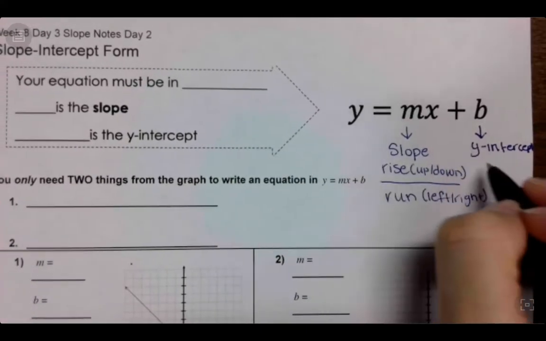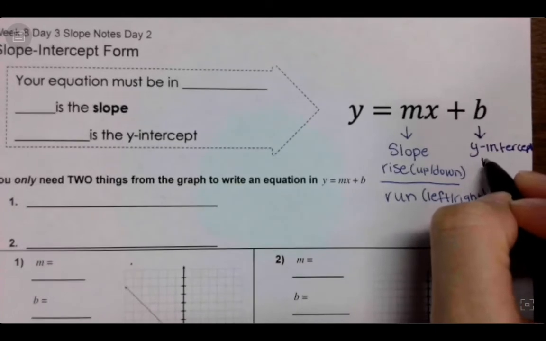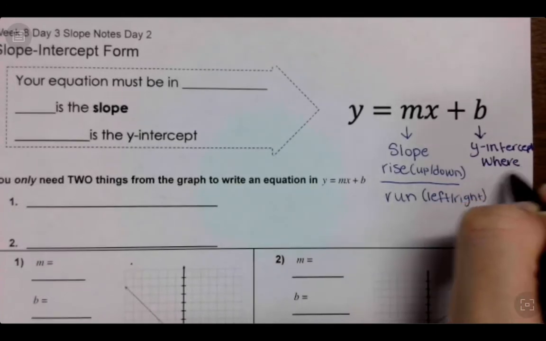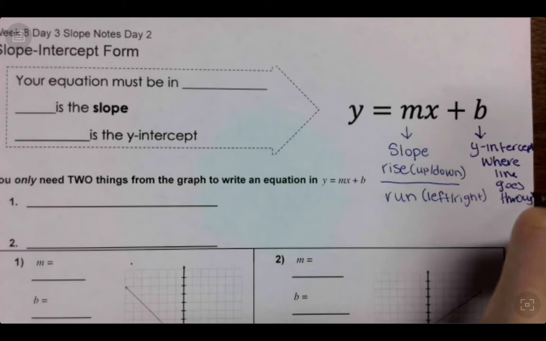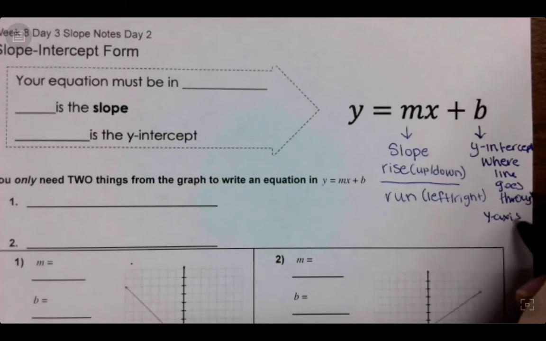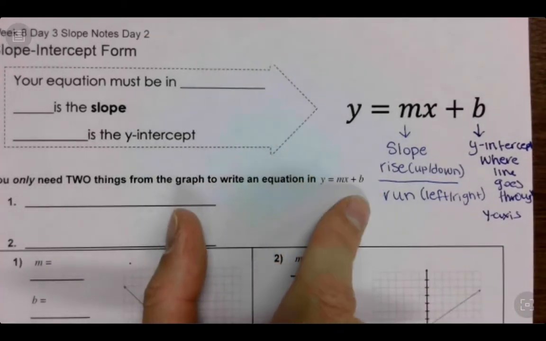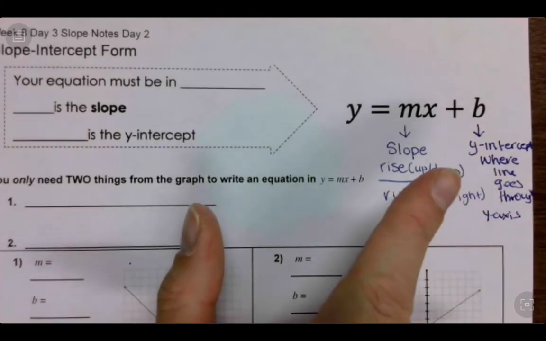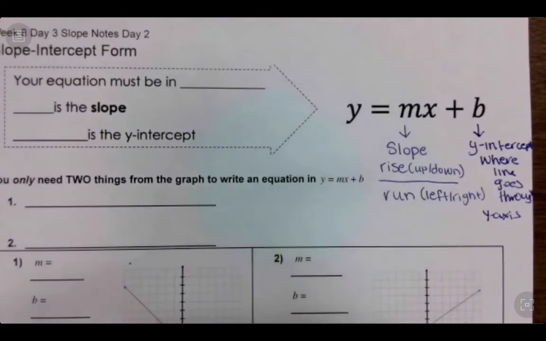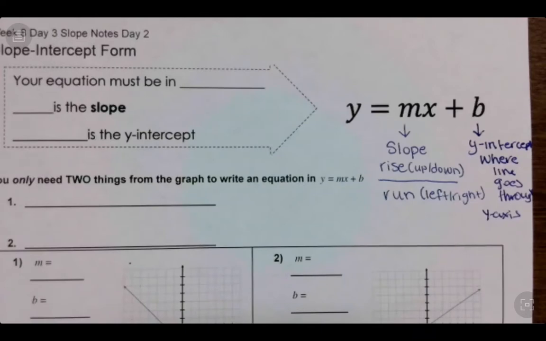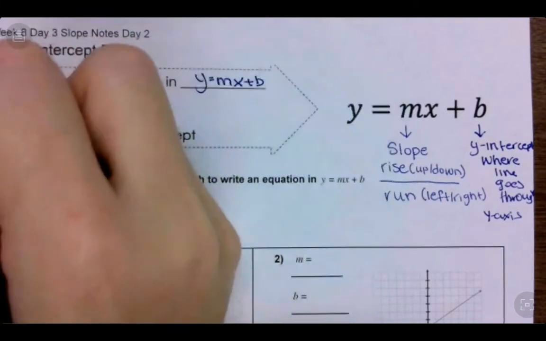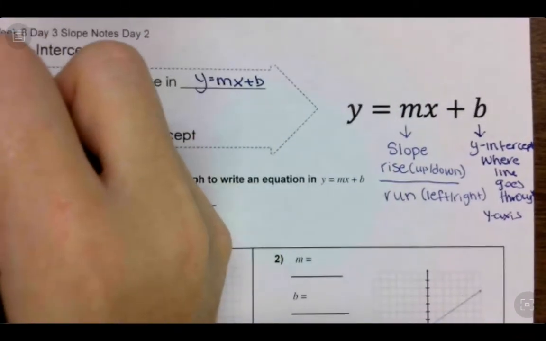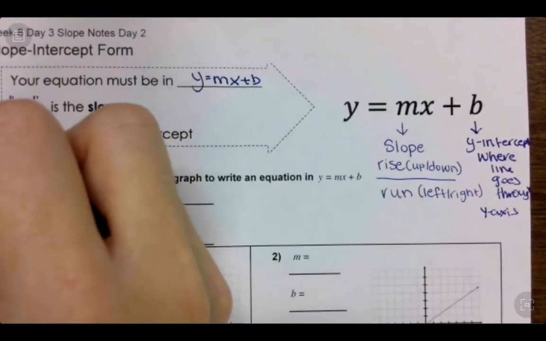Okay, so that literally just means where the line goes through the y-axis. So slope is rise over run, up and down over left to right. B is your y-intercept. It's literally where the line goes through the y-axis. Okay? Your equation must be in y equals mx plus b, where m is the slope and b is the y-intercept.